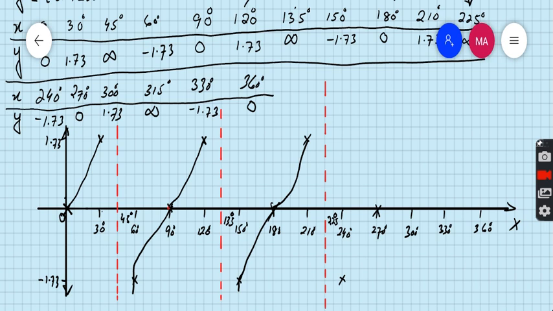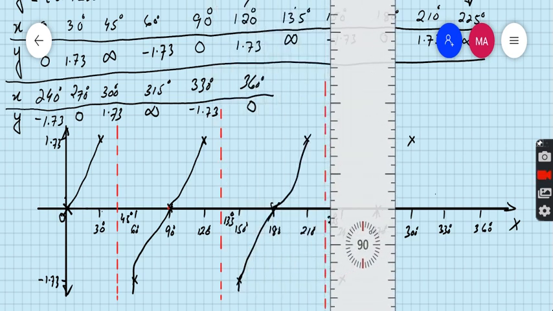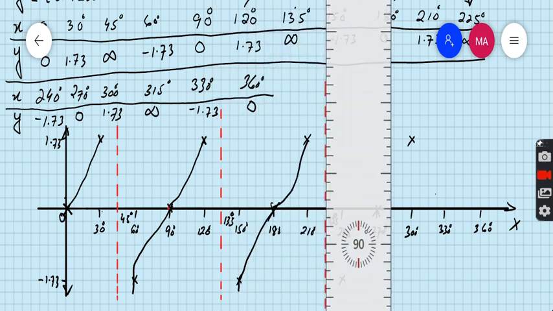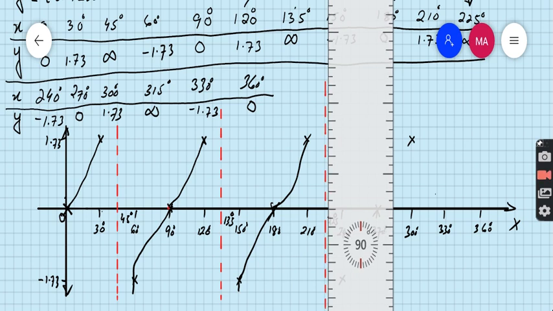At 300 the value is 1.73, and at 315 the value is undefined. Draw a red line, a red dotted line.